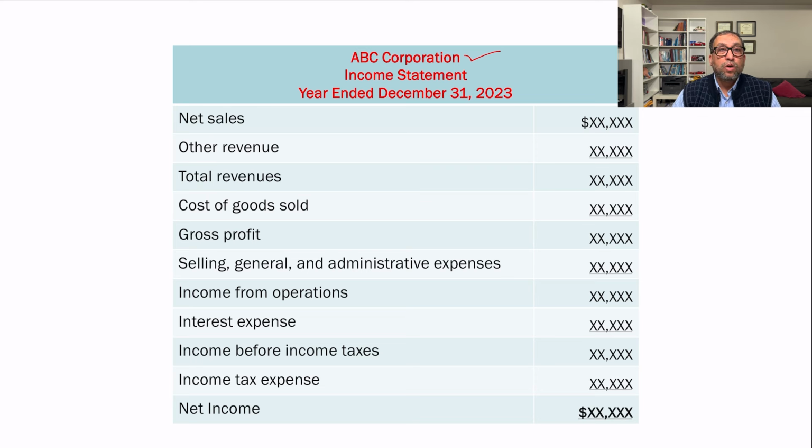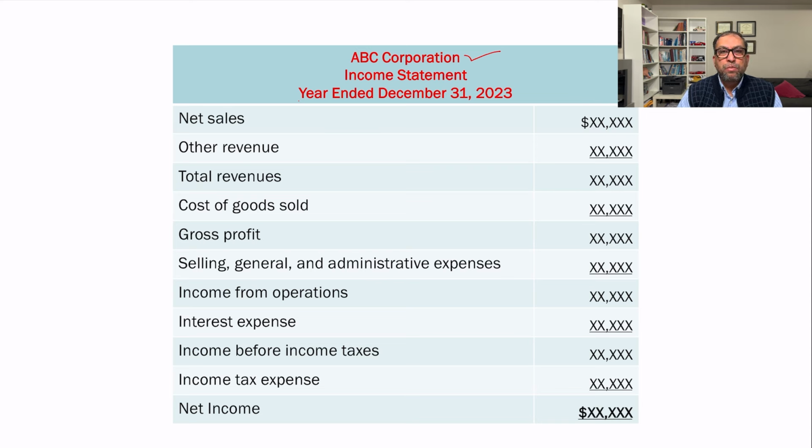The second line should reflect the statement name: it's an income statement, a balance sheet, a statement of retained earnings, or a statement of cash flow. The third line, which is also very important, is the time period.